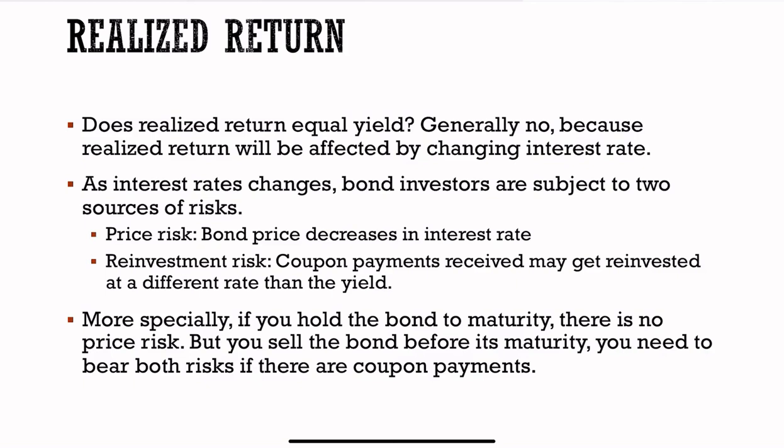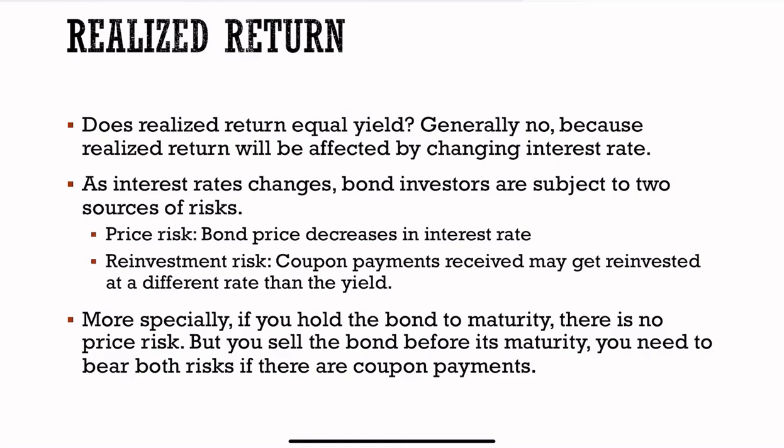Then a second type of risk, which is more subtle, is about reinvestment risk. So if you have a bond which pays coupon payments, you have to reinvest those coupon payments to generate returns, right? Think about this. Let's say you hold a bond for 5 years.